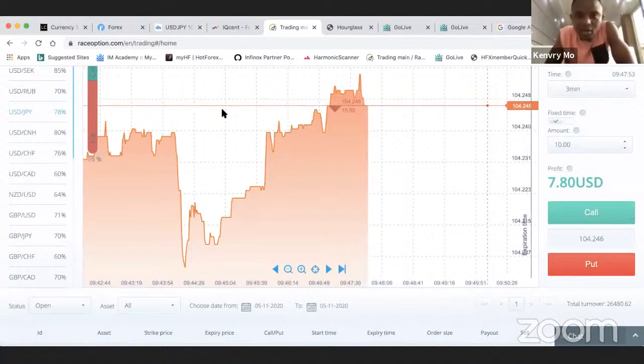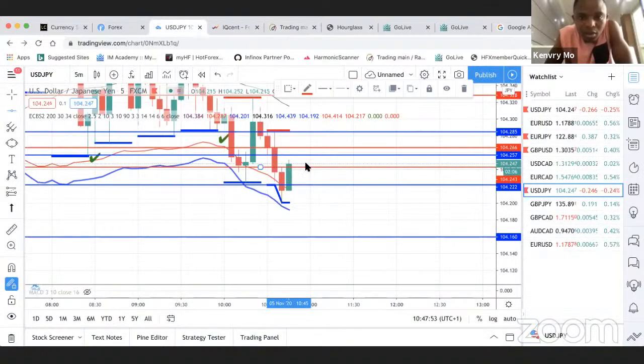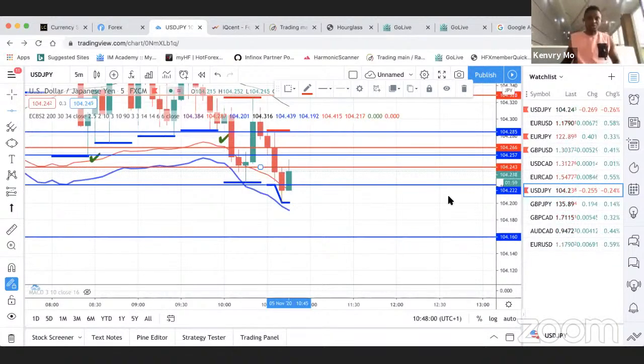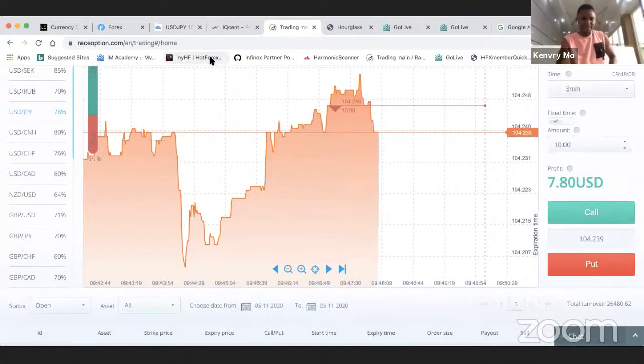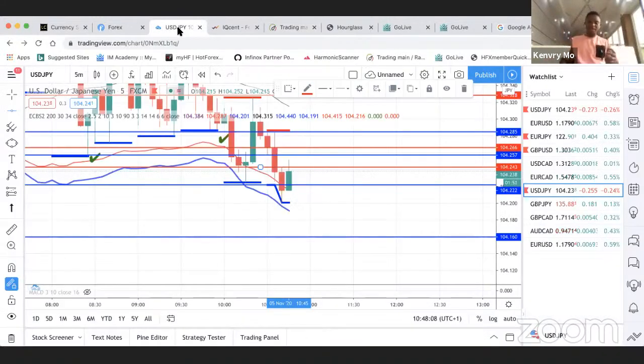If that 257 appears and the new candle is opening, I'm going to double up. 246 was my entry, which is this area. So let's see what the new candle is going to do. If you took it, I believe you'll be in profit like I am right now. But most of the time, the new candle is the perfect entry.